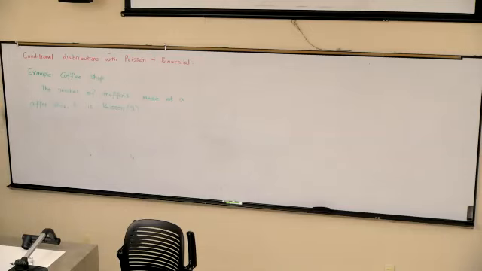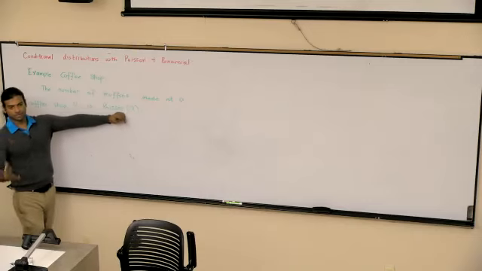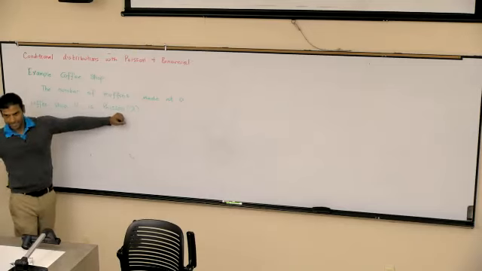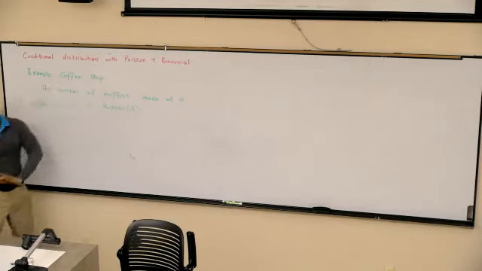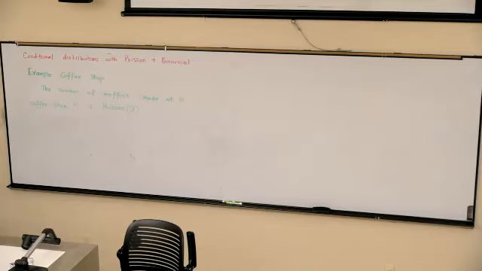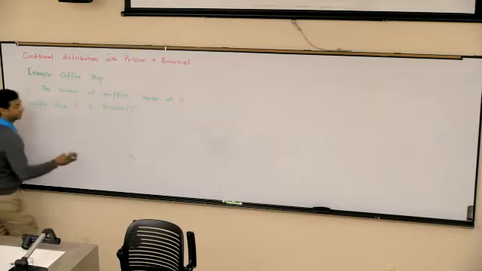So the coffee shop doesn't make the same number of muffins every day. Rather, the number of muffins made at a coffee shop is distributed as Poisson, and the average rate is lambda, so we'd make lambda per day. Lambda could be some number, and lambda becomes the parameter of our Poisson distribution.